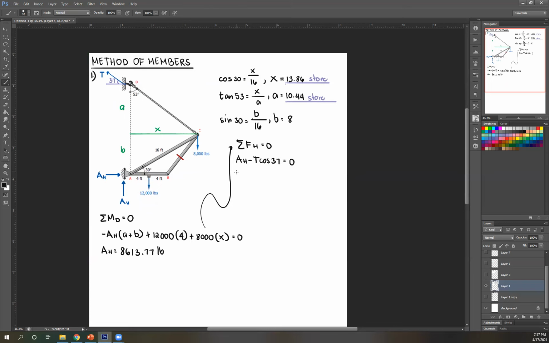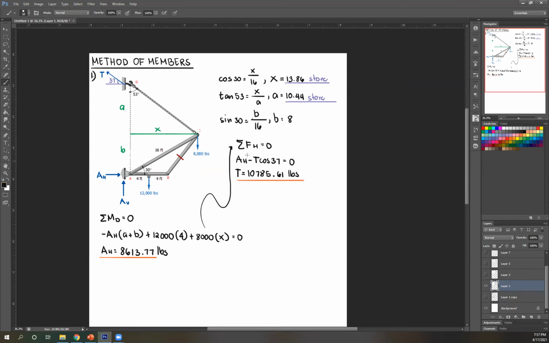And then from this, I can solve for T. So T is equal to 10,785.61. Okay. So now I have another force that is known.